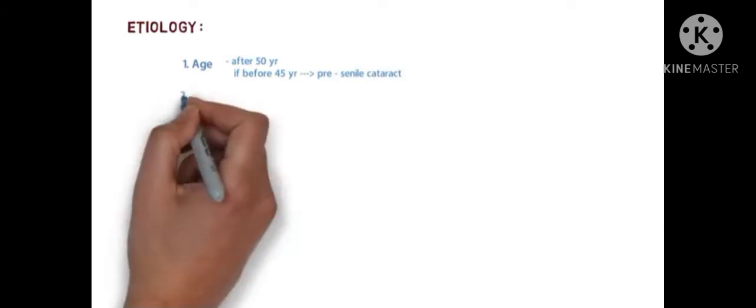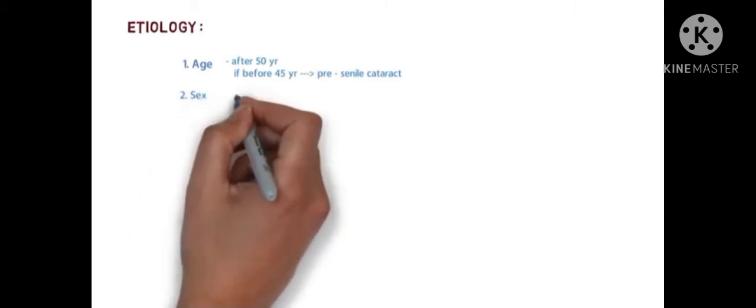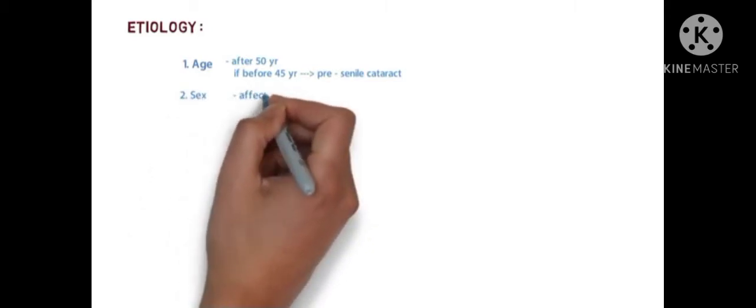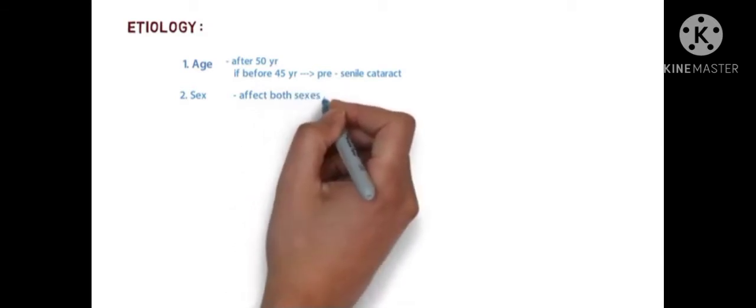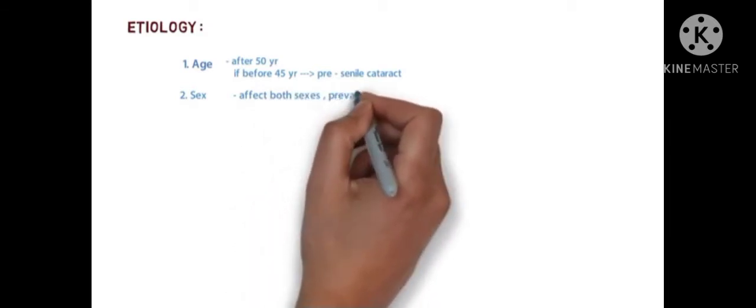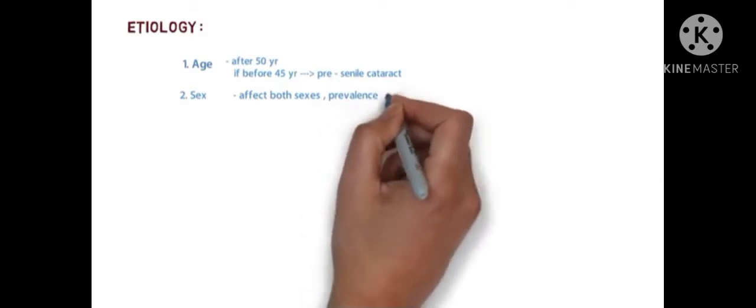If the cataract occurs before 45 years, then it is called pre-senile cataract. Second, without any doubt, senile cataract affects both male and female, but the prevalence of this cataract is greater in female.